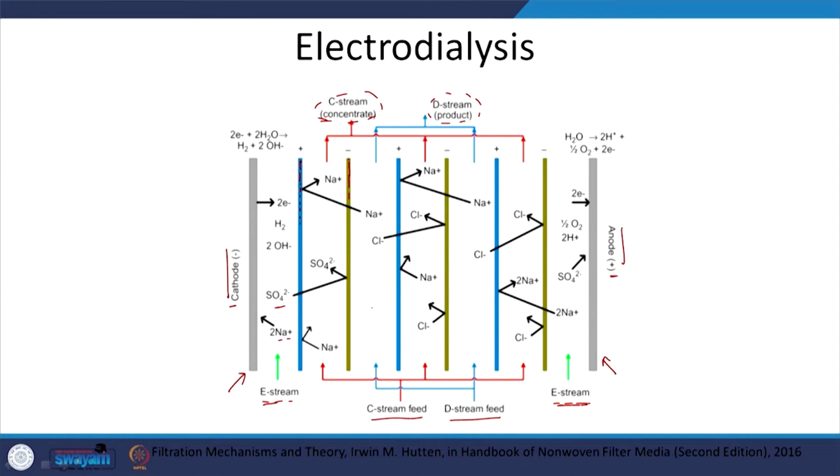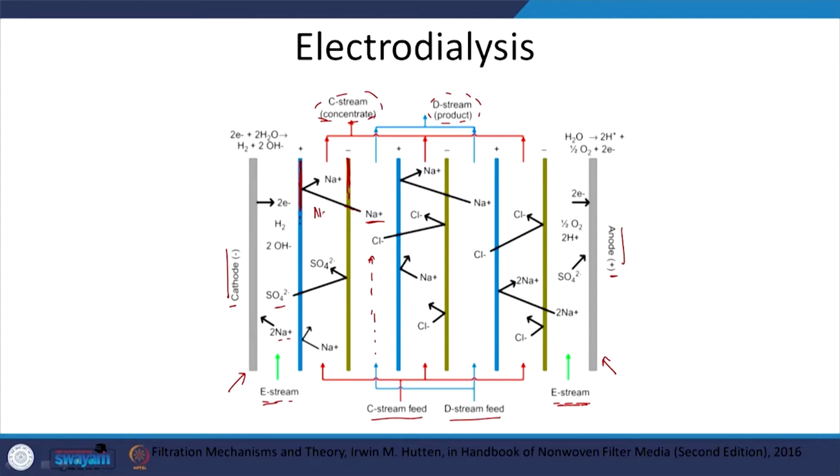So, here is my water that I want to treat. Once the potential is applied, the sodium will try to move towards the cathode. But this membrane here will only prevent migration of cations. Sodium, positively charged, can go through the first, but then it will not be able to migrate through this particular ion selective membrane.